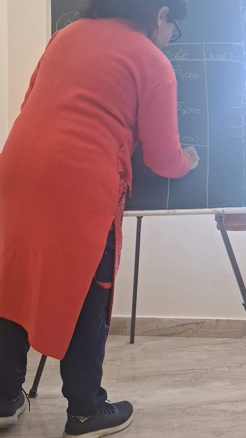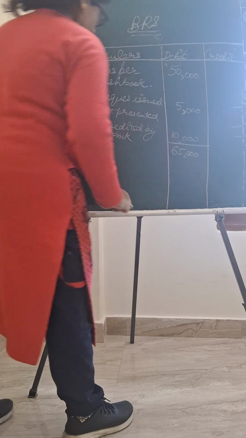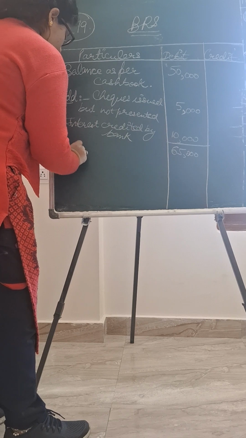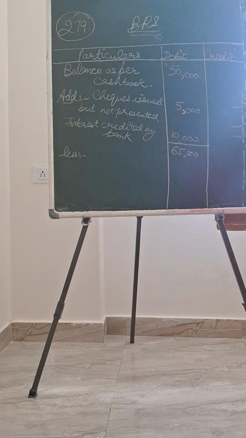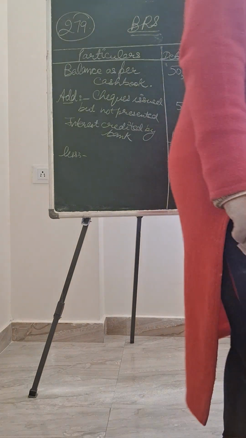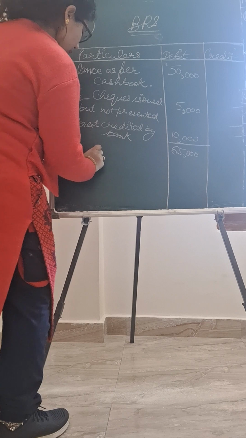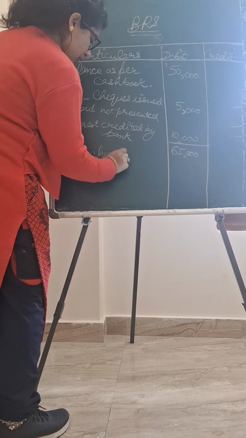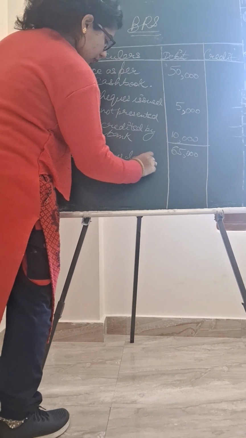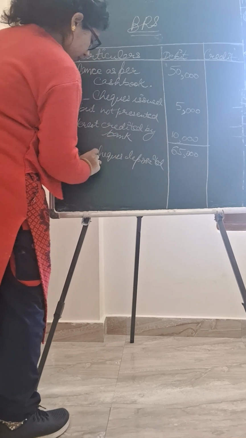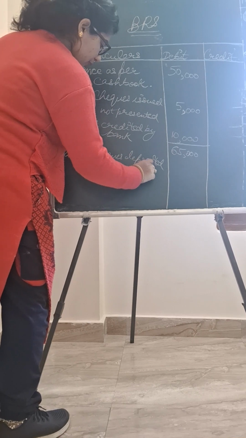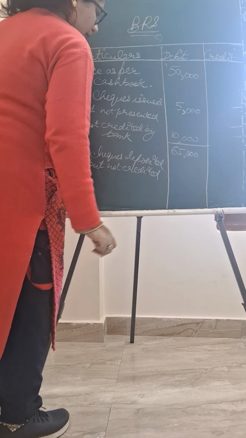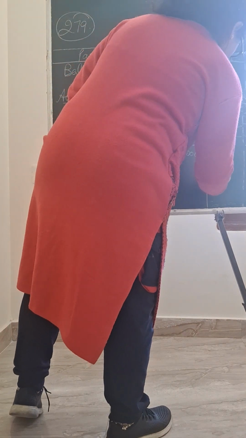So the total amount is 65,000 on the debit side. Then we will subtract checks deposited but not credited, that is rupees 40,000.